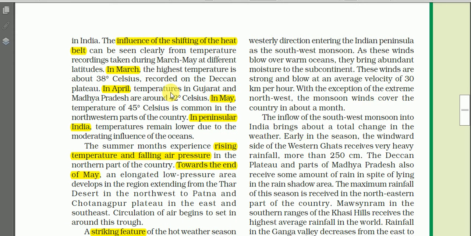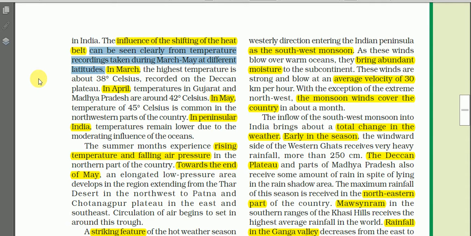So let me proceed. The influence of the heat belt can be seen clearly from temperature recordings taken during March to May at different latitudes. Just now we have discussed that the heat belt of the earth is moving towards the north or towards the south with the apparent movement of the sun.